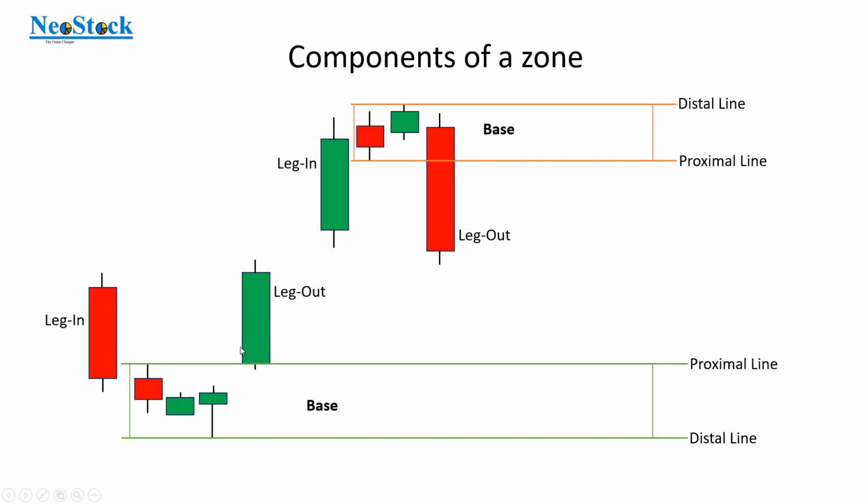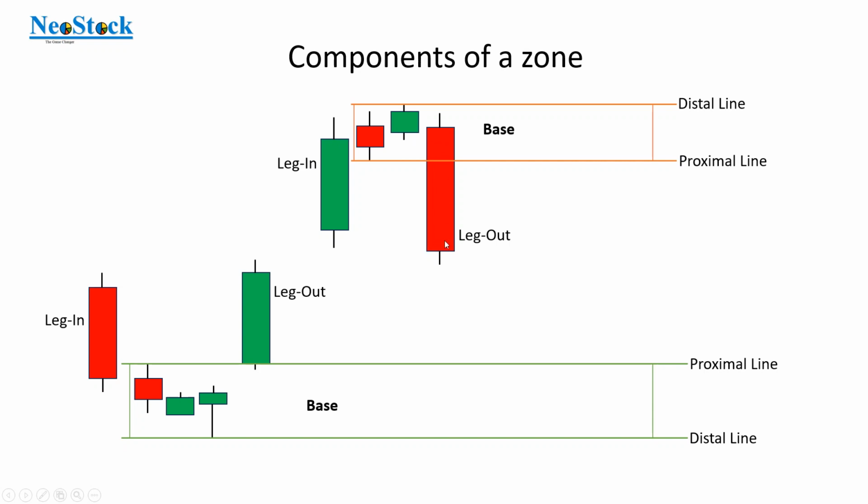If the leg out is a rally candle, what is rally? Do you remember the technical name? Bullish candles are called rally candles. If the leg out is a rally candle, it is a demand zone. If the leg out candle is a drop candle, what is drop?